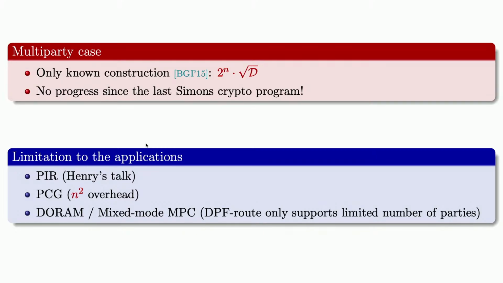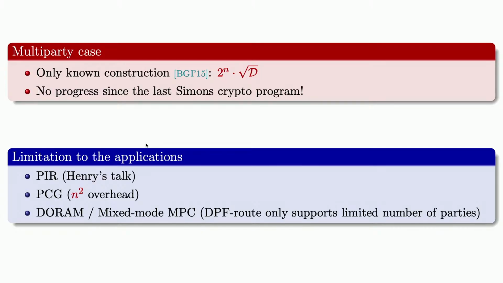For example, I think Henry in yesterday's talk mentioned that we don't have a three-party PIR scheme for one function where the communication is polylog. If you have a three-party DPF that has polylog key size, then you would solve Henry's problem. To solve Henry's problem, you don't necessarily need DPF, but it's sufficient to solve his problem.